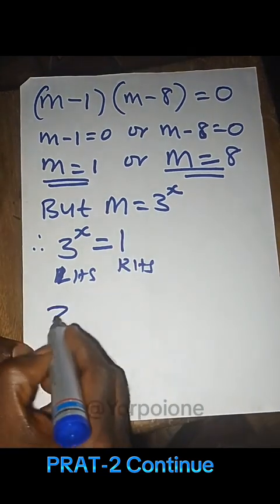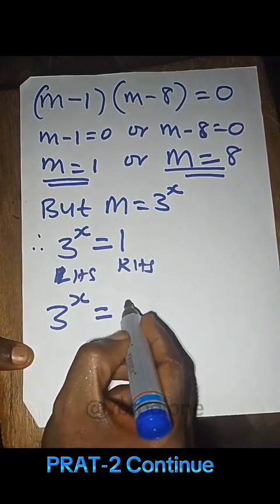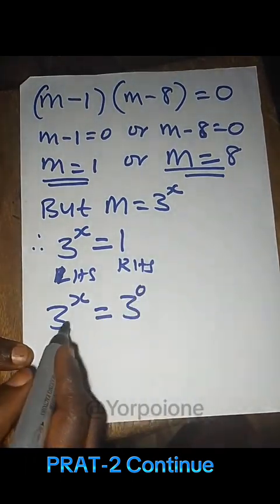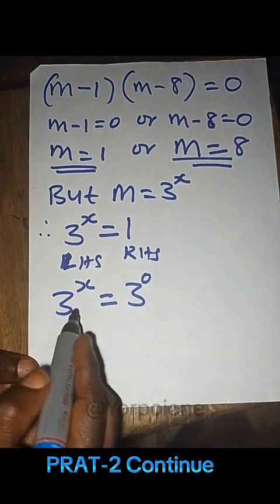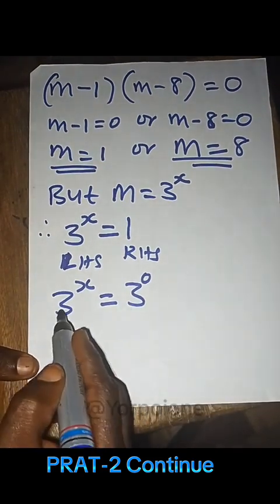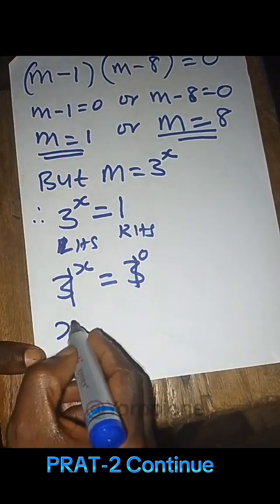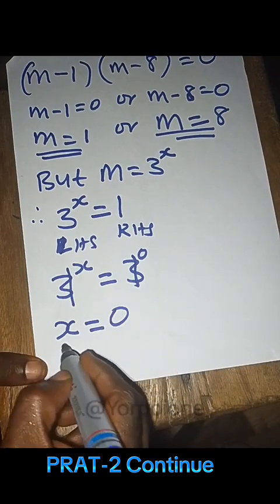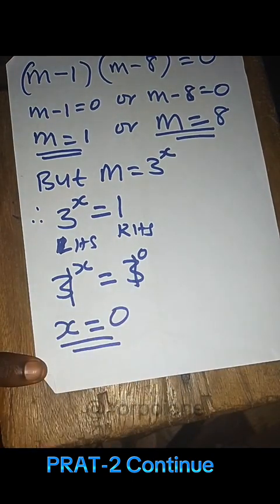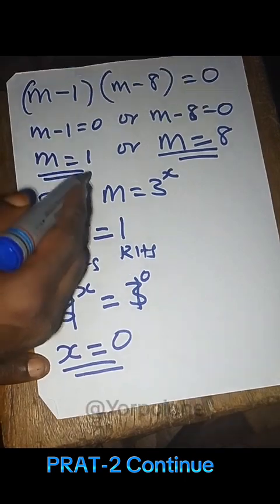So under law of indices, it's only 3 to the power 0 that can give us 1. So looking at the value, both the left and the right-hand side are the same. So we cancel. So the value for x here is equal to 0. That's the first value for x. Okay, so we've solved this one.